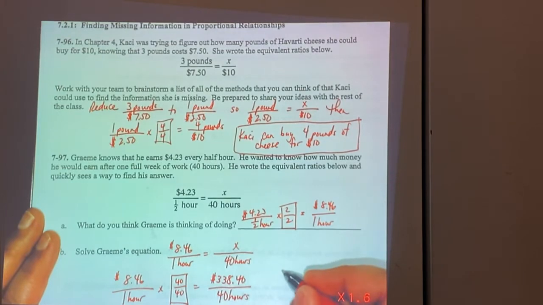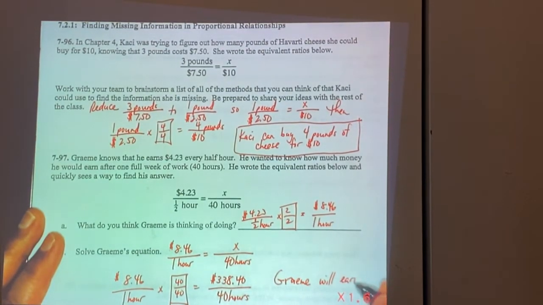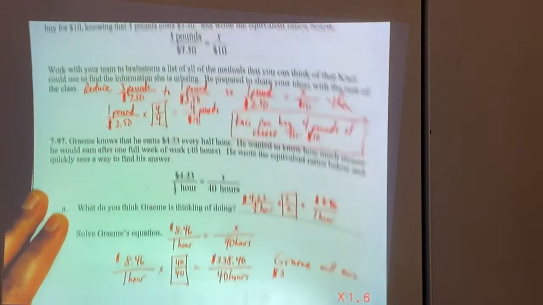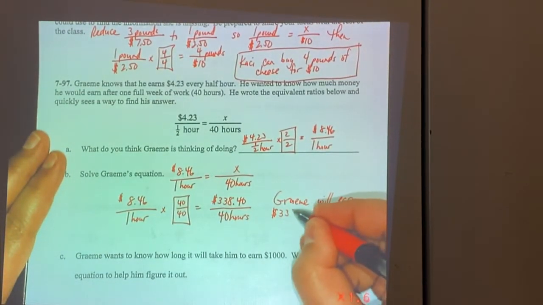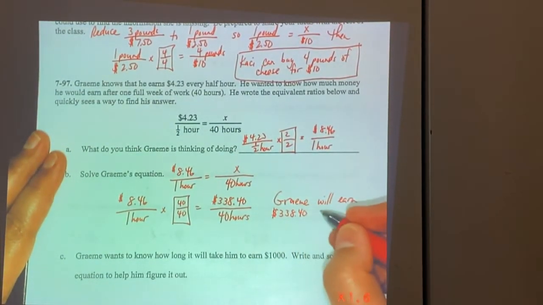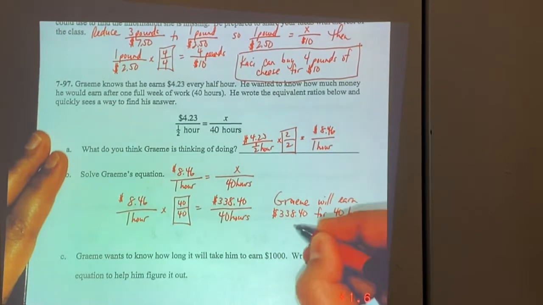Final answer, Graham will earn $338.40 for 40 hours of work.